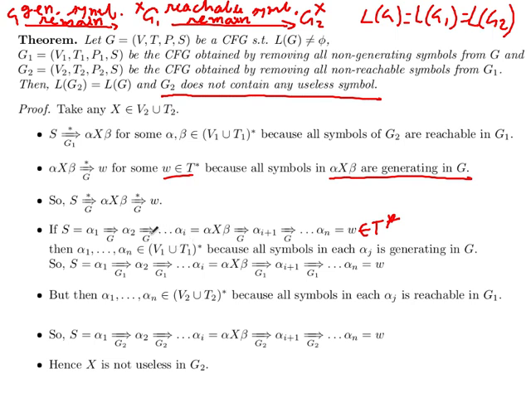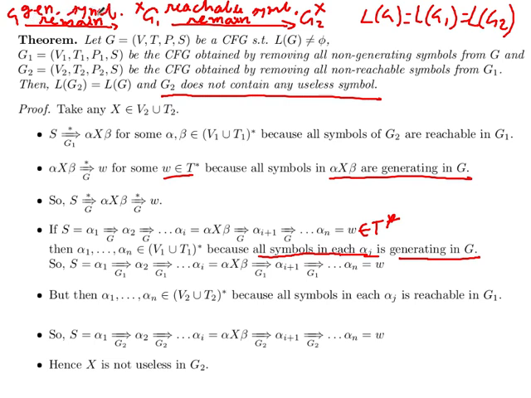So that means any symbol here, if you take anywhere in the middle, finally expands into some terminals. So all the symbols in this derivation are generating in G, because we are talking about G. So you see all of these symbols will survive this step, because at this step from G to G1 we are only removing the non-generating symbols.